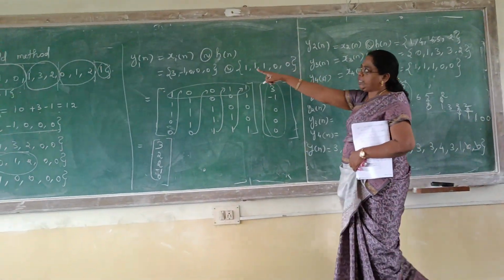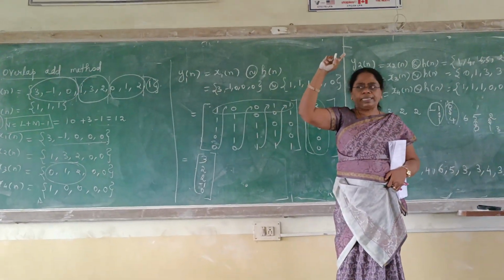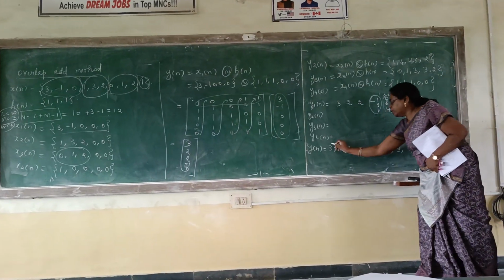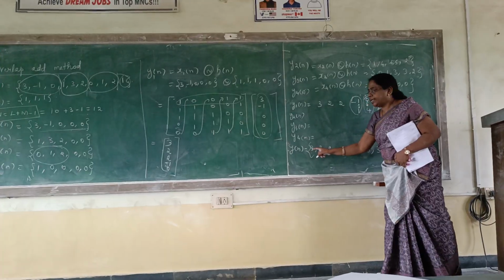Since the method is called the overlap add method, and the previous method is the overlap save method. While writing the sequence, you write the sequence inside the braces.